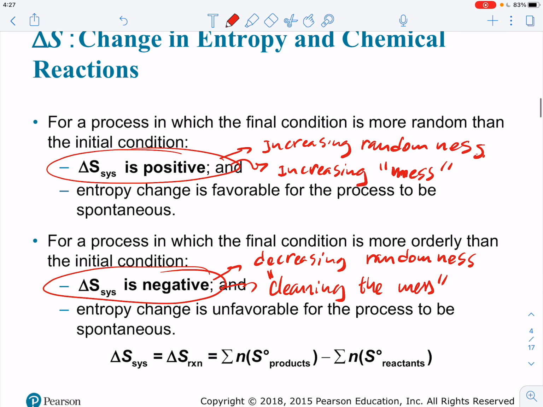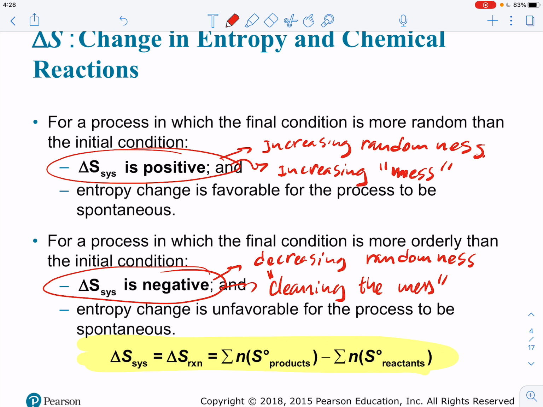And this is one equation that you need to get familiar with. It should be familiar because it's pretty much what you use when calculating enthalpies of reaction from enthalpies of formation. It's the same thing, but with entropy.